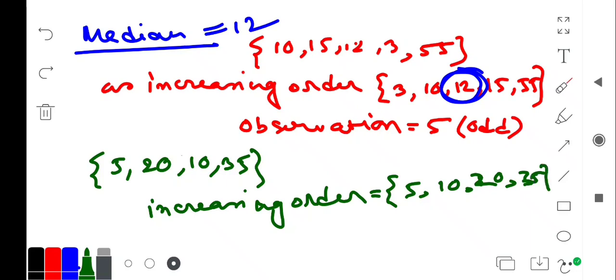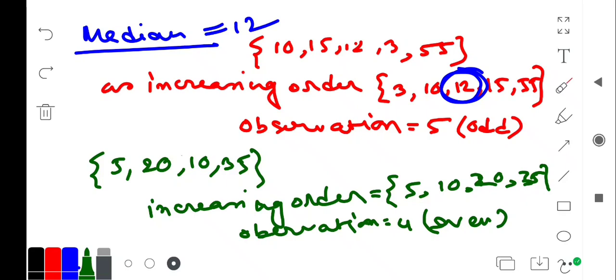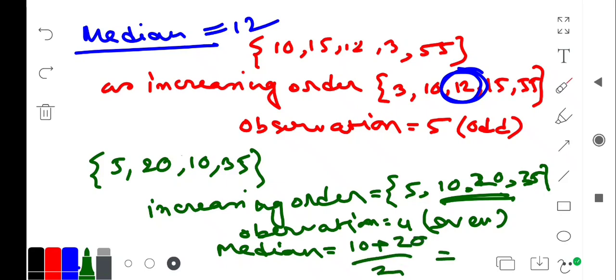Okay. So observations there should be 4. 4 means even. Now we have to use the median as average of two middle values, that is 10 plus 20 by 2 equal to 15. So in that case median value is 15.